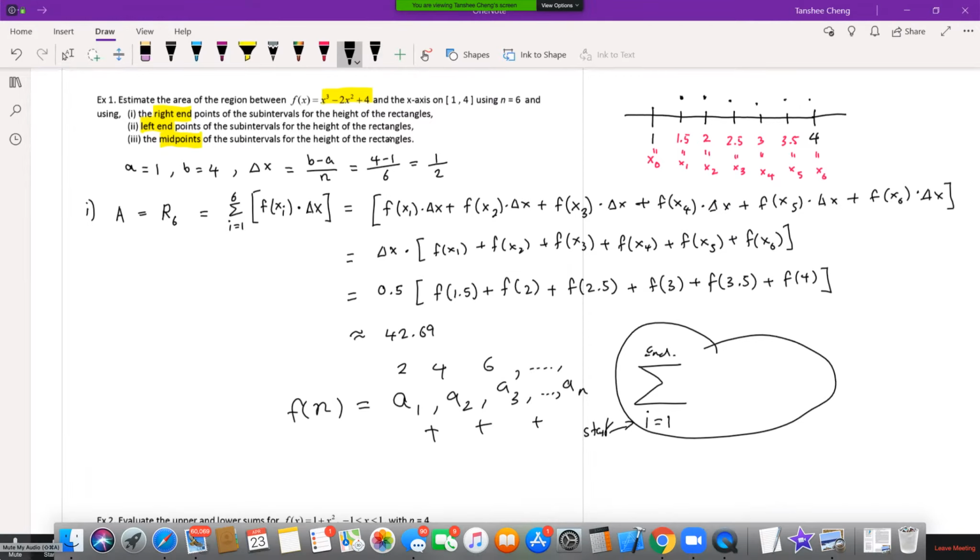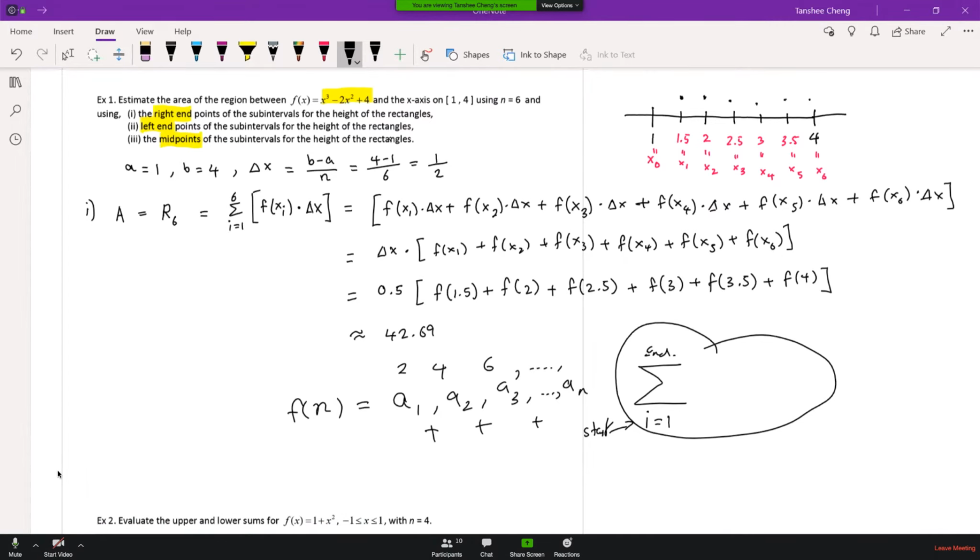No. If you say the interval is 2 to 4, the i is still starting from 1. i has nothing to do with the interval. i has something to do with how many sub-intervals you want, right?